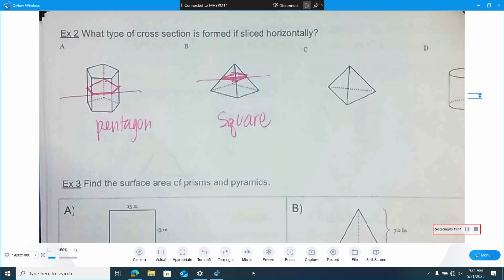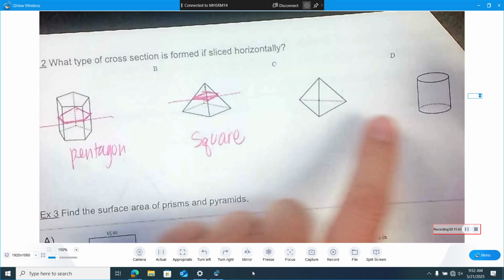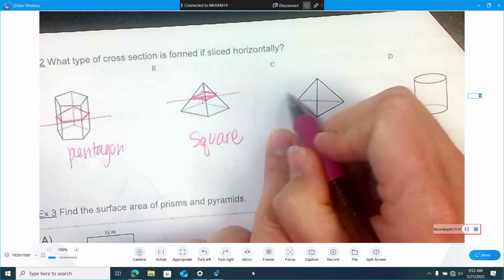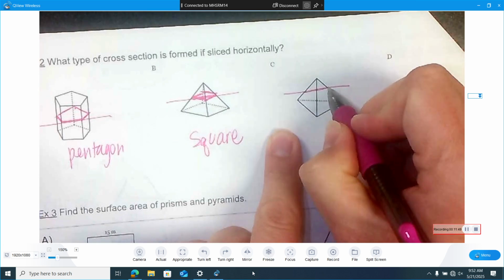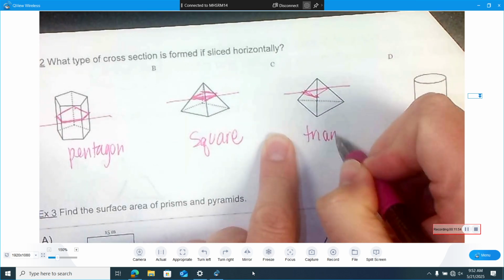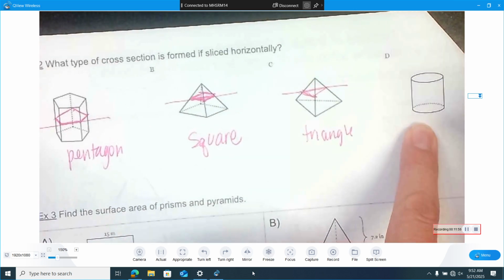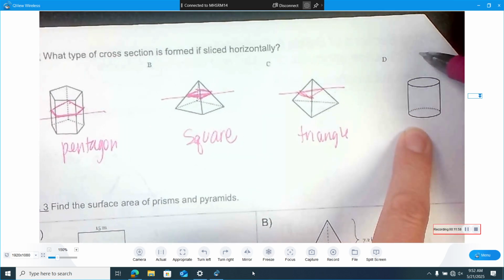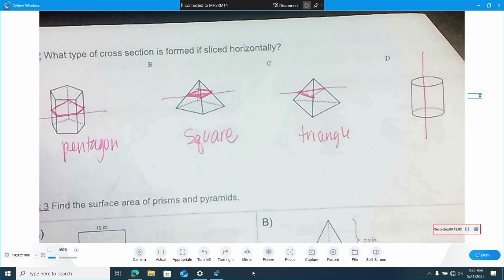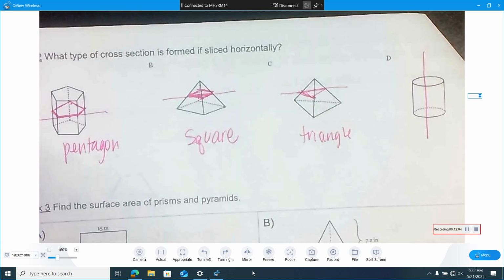And then triangles. Now let's slice this one vertically though. If we were to slice this one horizontally, we'd get a triangle shape. But let's slice this one vertically. If I were to slice this vertically and cut it, what shape, what is this figure, by the way?